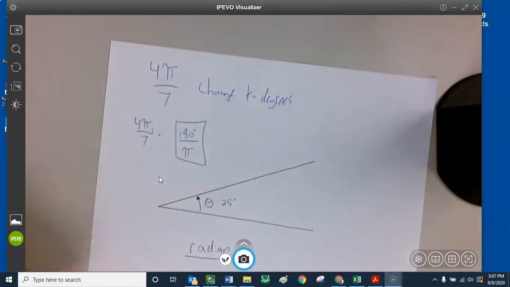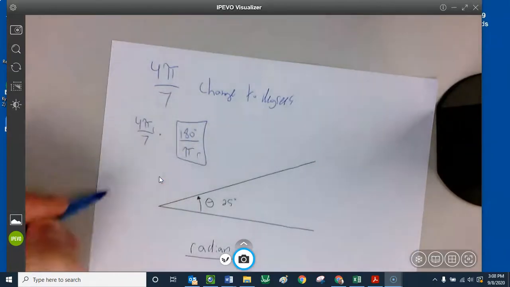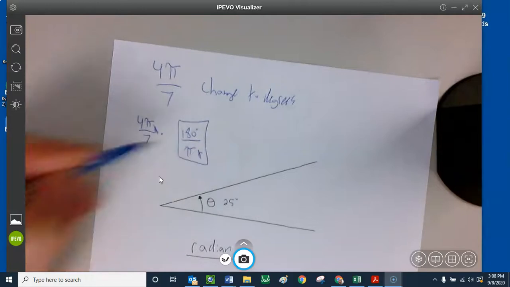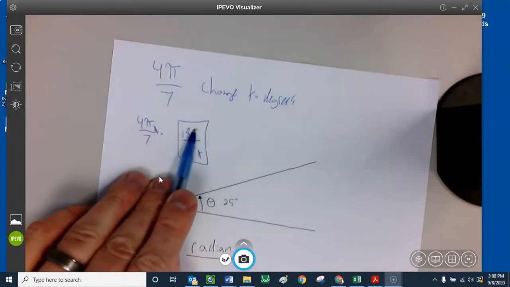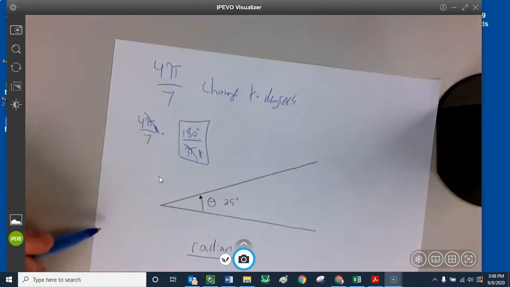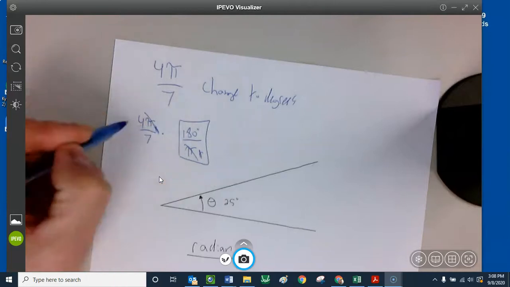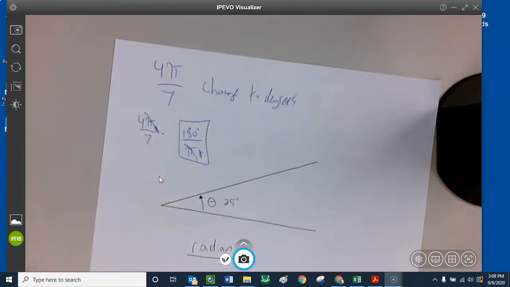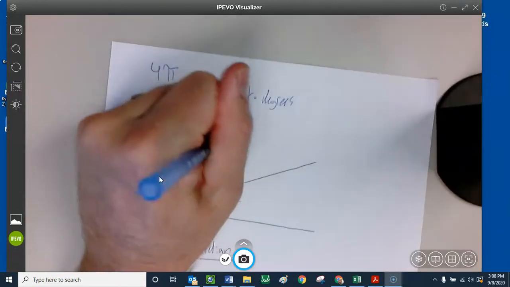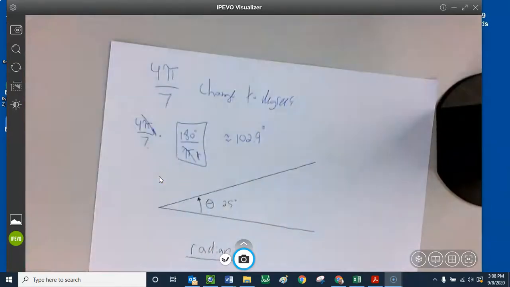So you can think of this as pi radians. The radians cancel. Good, I'm left in degrees. That's what I wanted. Now it's just some math. Well, pi over pi, those cancel. I can do 4 times 180. Go across. Divide by 7. That gives me about 102.9 degrees.